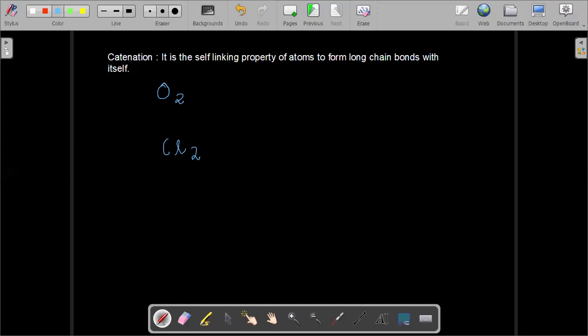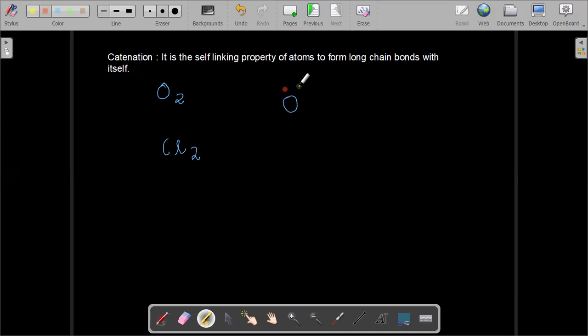So both are monovalent, right? No, they are divalent. Oh, sorry. See, oxygen has combined with another oxygen. See how it combines. Every oxygen has 6 electrons.